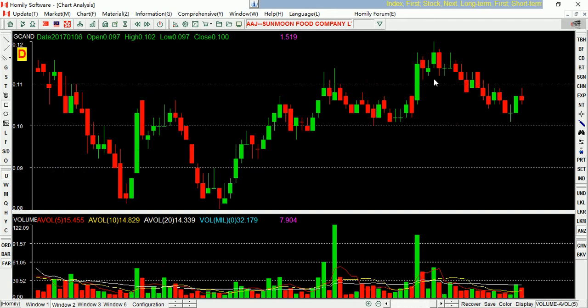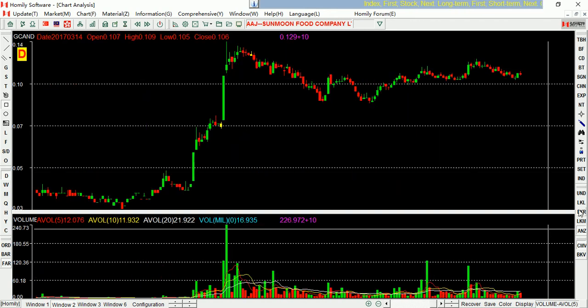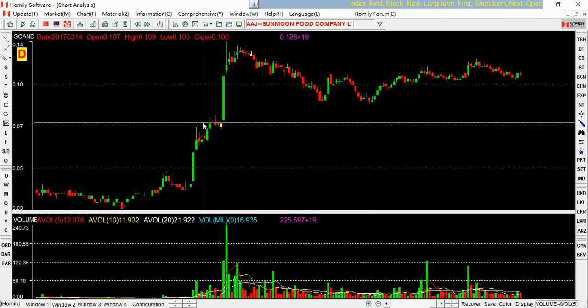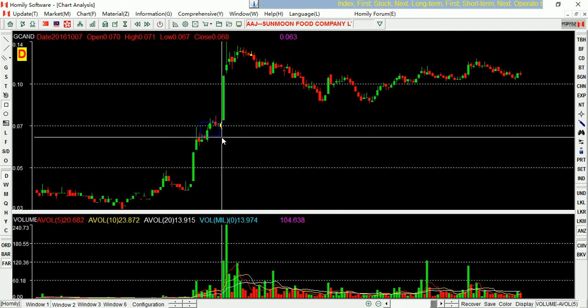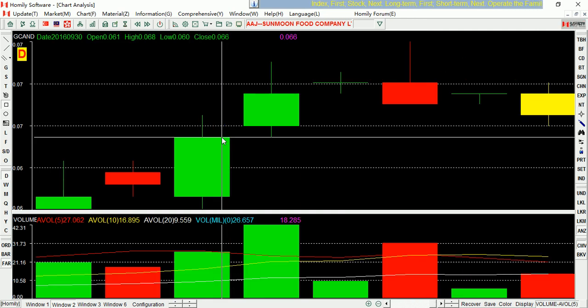Let's see this one, Salmon Food. The yellow candlestick appears, we should pay more attention to the risk, but sell or not, decide according to the next candlestick.